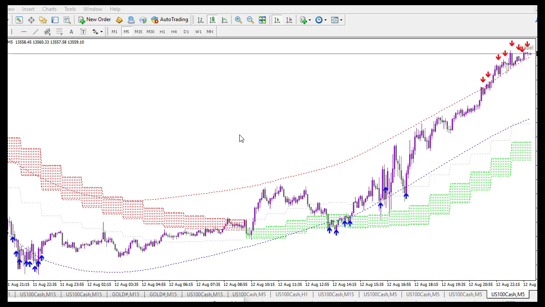Now how do I use this particular strategy? The simple way is this. Since I combine two indicators together, and this indicator does not repeat, the fact that the indicator does not repeat does not make it 100% accurate.